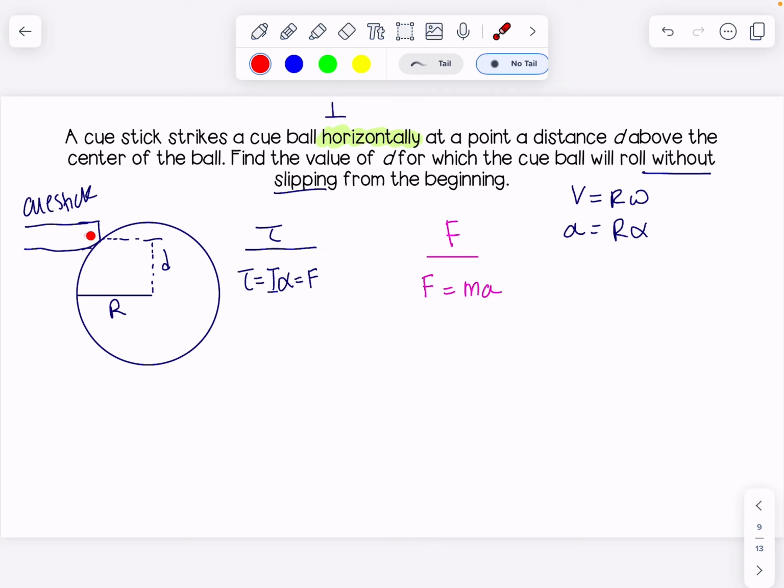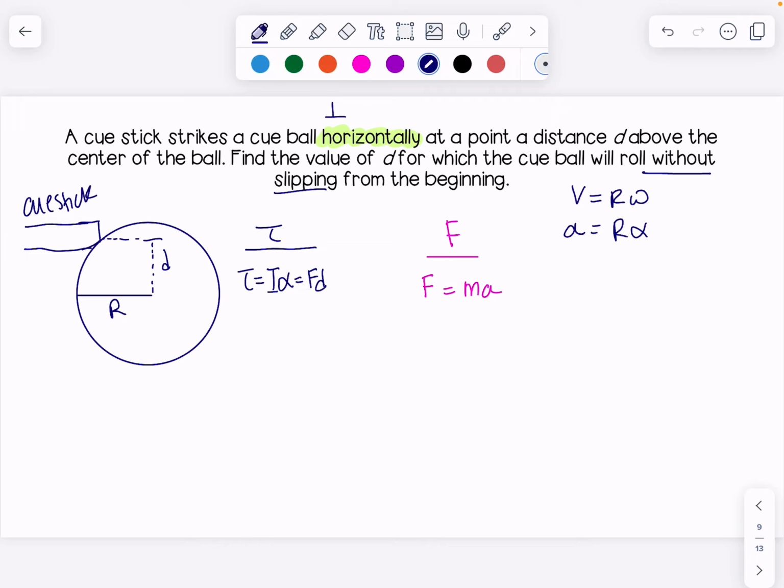Since it's coming in perfectly horizontal, my axis of rotation is here. We are looking at this distance here, which is the d. It's what we're trying to solve for. So it's actually going to be F d. And because we're looking at just that perpendicular distance, that is the sine of theta, so we don't need to include that.